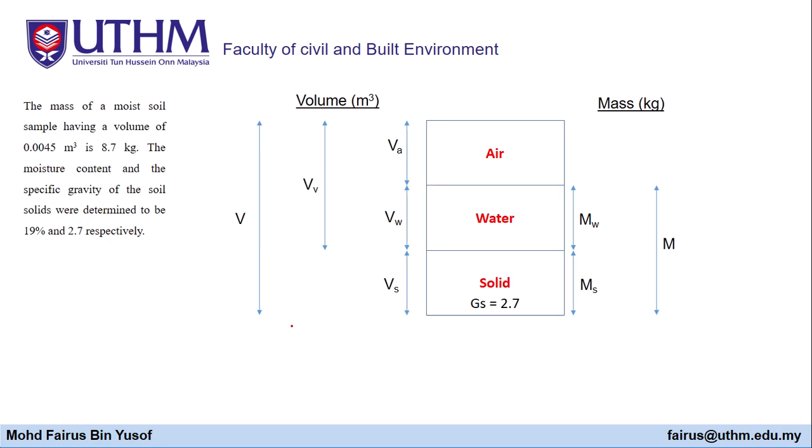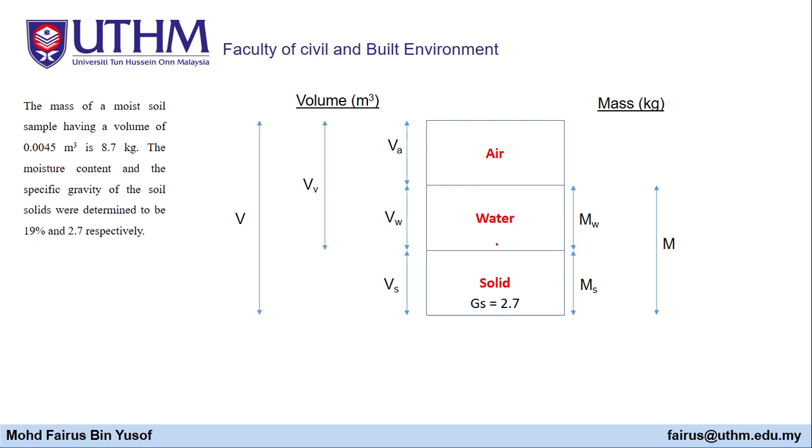So before we solve the problem of soil phase, we have to plot or sketch the phase diagram. So this is the phase diagram. If you refer to this phase diagram, actually we have air, we have water, and we have solid.